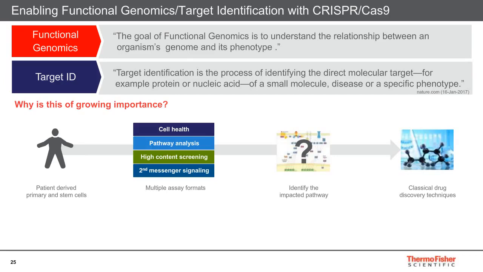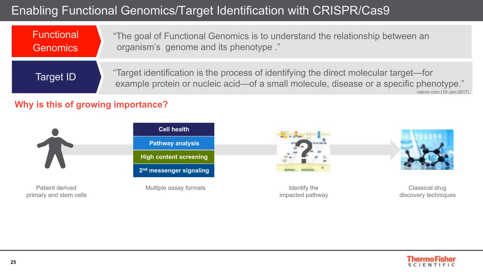And why is functional genomics or target identification important? As Sanjay talked about, making disease models from patient-derived cells or even regular cell lines has gotten so much easier with advances in cellular engineering or genome engineering.